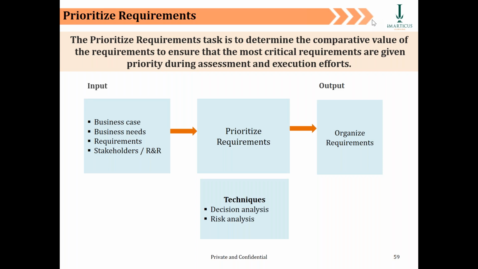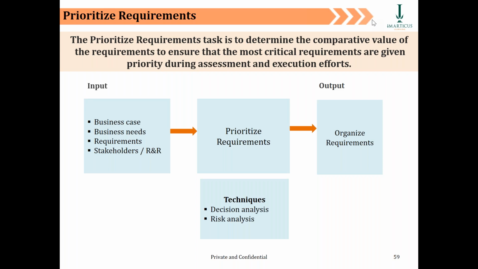Yeah. So you need your business case. You obviously need to vet what is the latest business need and hence what requirements should be going in. And then you talk about your stakeholders, their priorities, their roles and responsibilities. They are also responsible to help you prioritize. Fair enough.